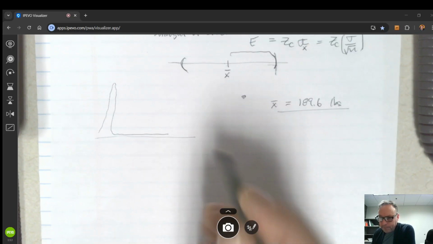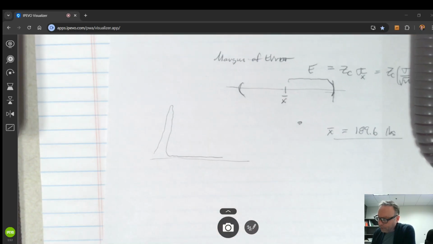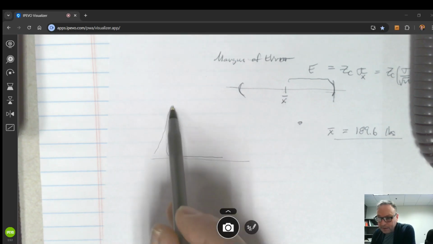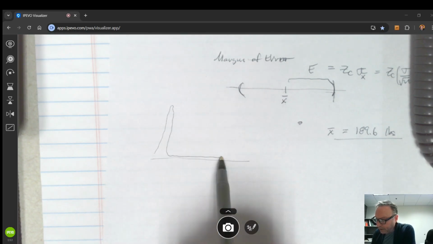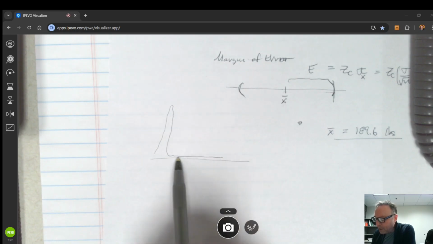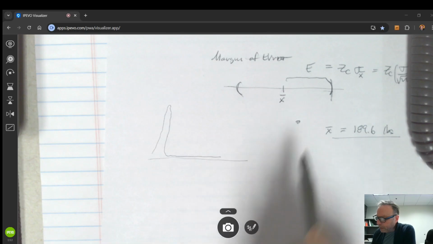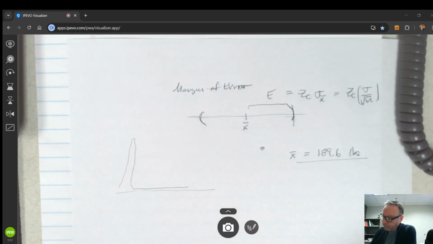Well, right off the bat, if I knew this before I took the sample, I would say it's more likely that I get a sample that's in this part of the distribution than out here. These samples can happen, but they're not very likely. Most likely I'll get that. Again, I only have one data point to think about.